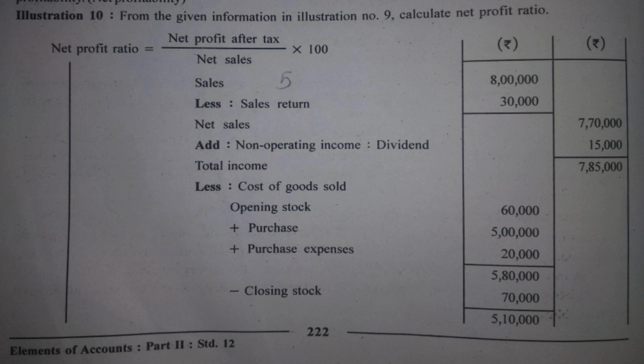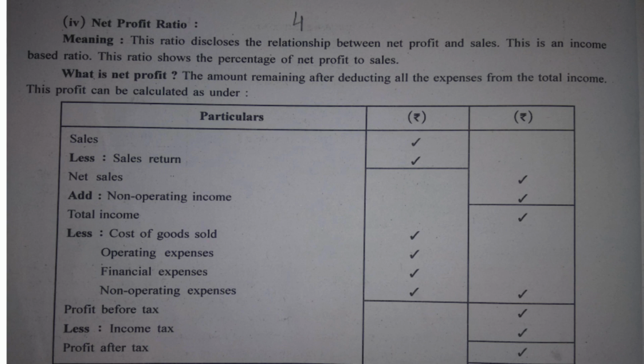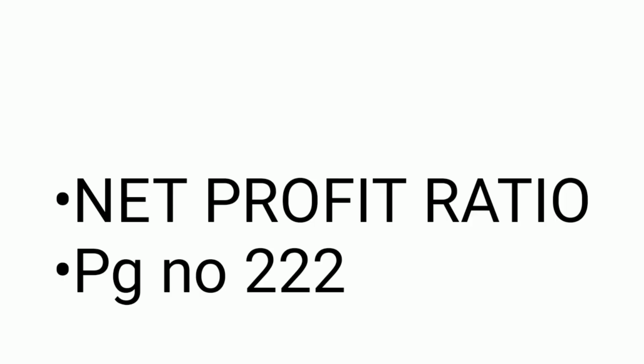Yes, so we have followed a pattern. We have added non-operating income to net sales and the total income obtained is 7,85,000. Okay. So which is the next step as per the formula? We are supposed to deduct COGS, operating expenses, financial expenses, non-operating expenses. So first of all, we'll find out COGS.